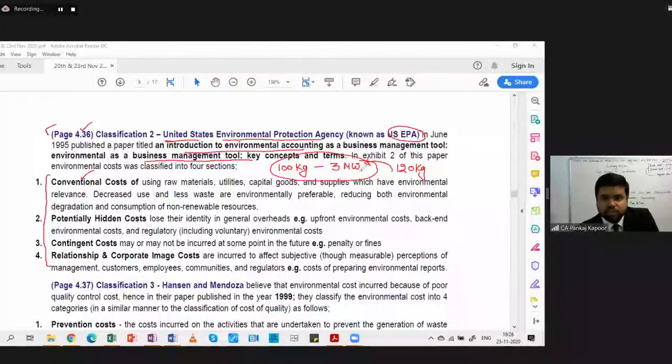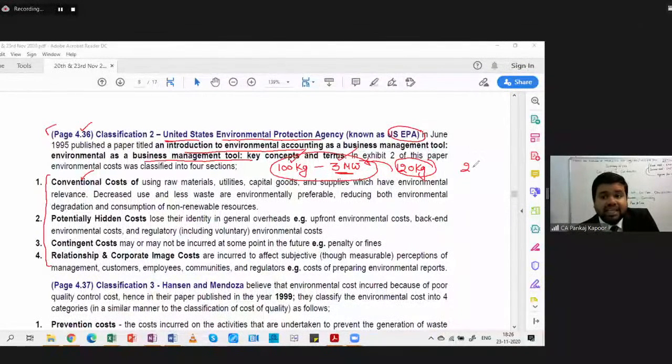I will say my words again. What is the standard input output? With 100 kg of coal, you can produce 3 megawatt of electricity. But a particular company introduces 120 kg to produce the 3 megawatt.